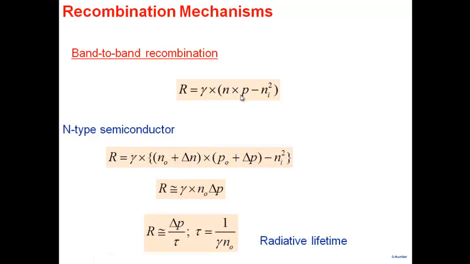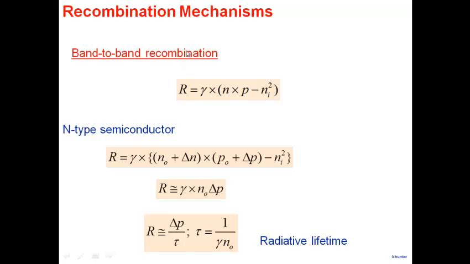Typically when that happens, it's also called radiative recombination. When an electron, without involving anything else, directly falls into a hole, the excess energy is released in the form of a photon.